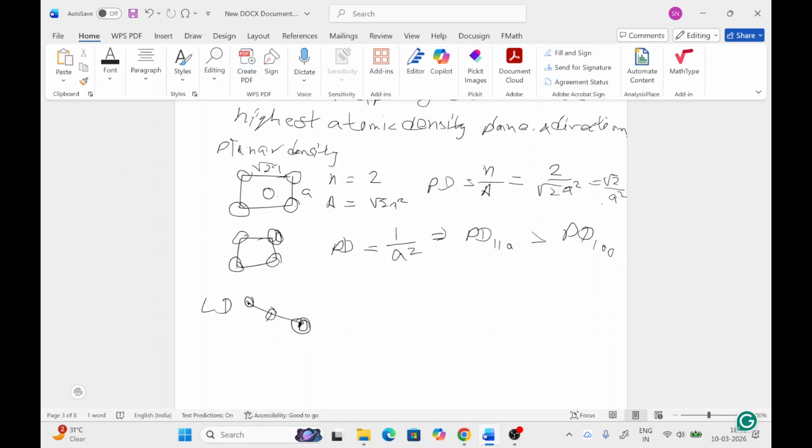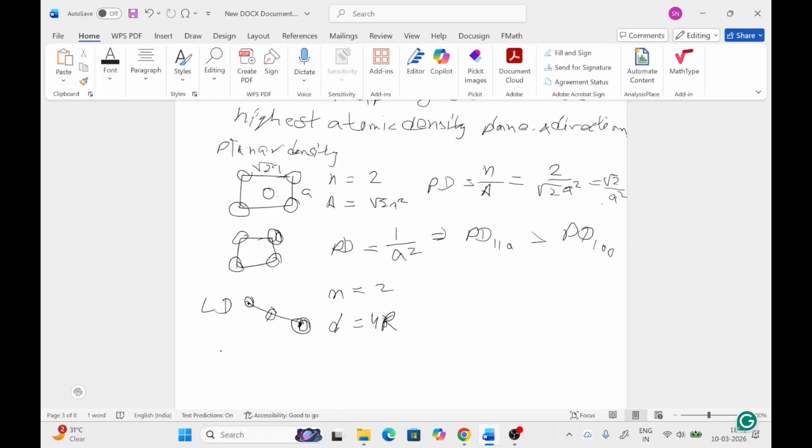From the center of the atom, we have the number of atoms as 2 and the distance is R, 2R and half of R, so 4 radius, or capital R we can say.